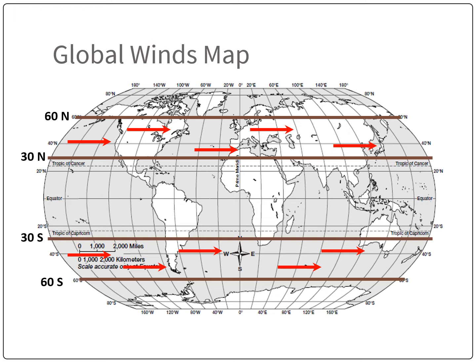Then I want you to write prevailing westerlies somewhere in that area between 30 and 60 degrees. Somewhere in that area, I want you to write the word prevailing westerlies. So pause the video and get all of that completed before you move on.